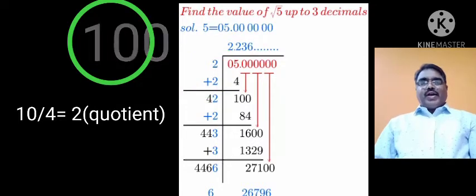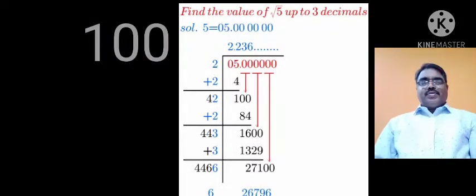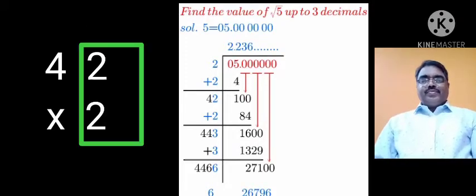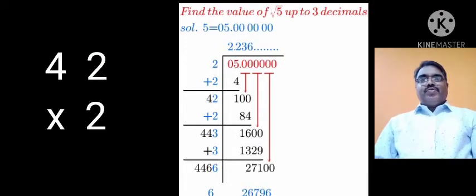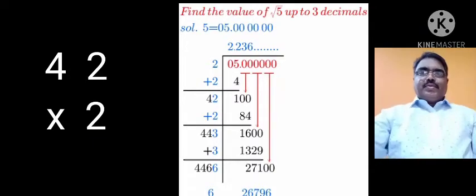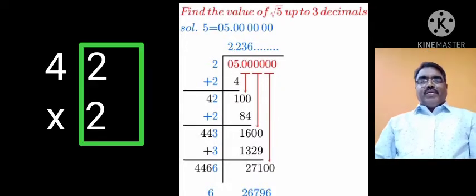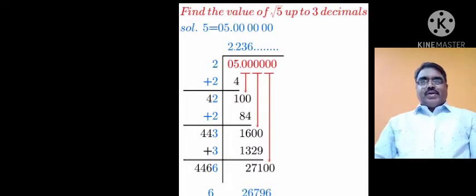Hence we take here 2 in the ones place beside 4. By taking 42 into 2, you get 84, which is close to 100. Here always take two equal numbers. Let us see some trials.